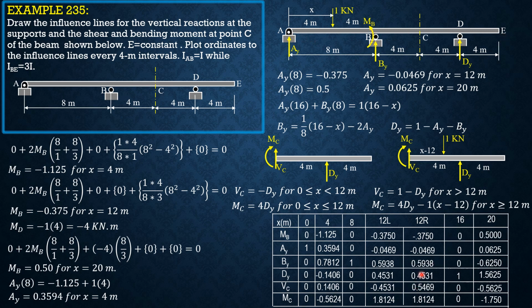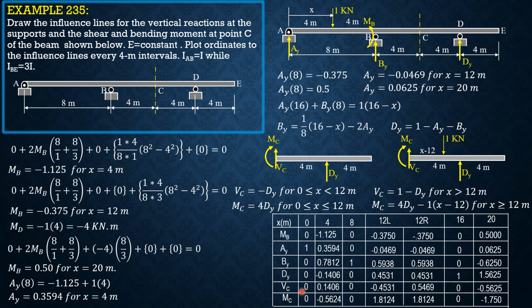When x is 12, dy is 1 minus negative 0.0469 minus 0.5938, so 0.4531. When x is 20, 1 minus 0.0625 minus negative 0.625 is 1.5625.